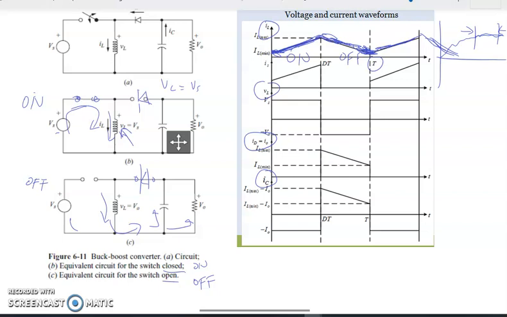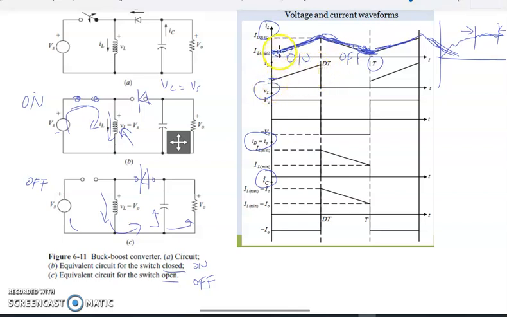Now from the inductor voltage point of view, we have VL. Sorry, this one is the current supplied to the system, the source current.